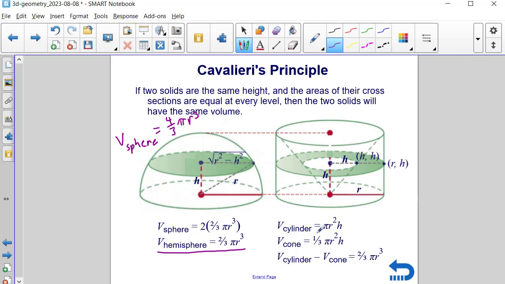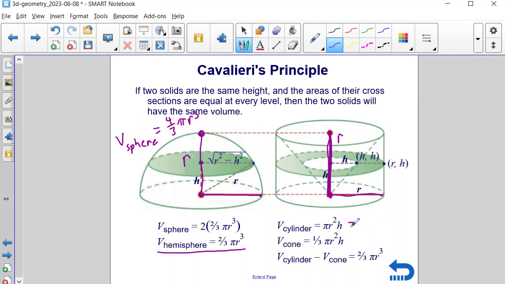So if we have the volume of a cylinder, that's going to be pi times the radius squared times the height. But remember, this radius from here to here is equivalent in the hemisphere, which also means if I extend it straight up, this is still the radius of the hemisphere, which is equivalent to the height of our cylinder.